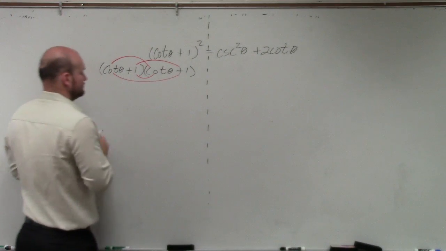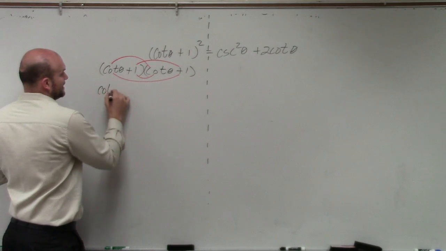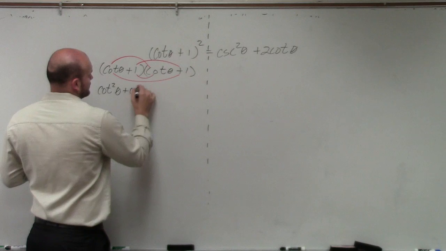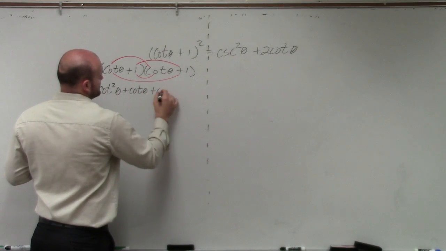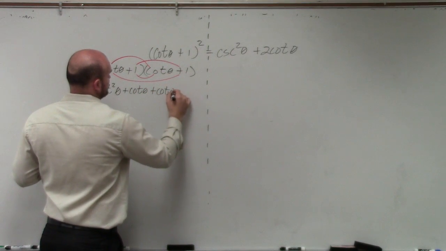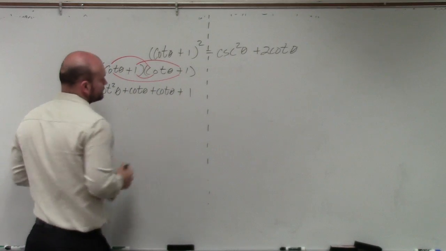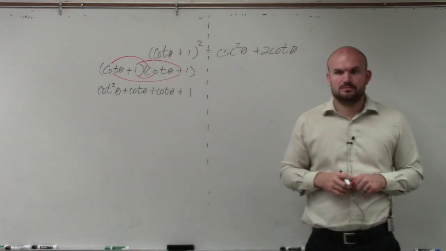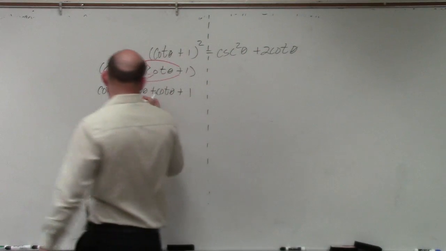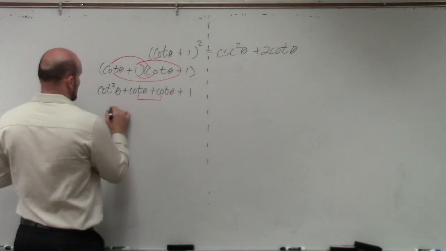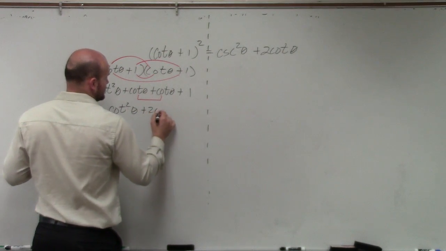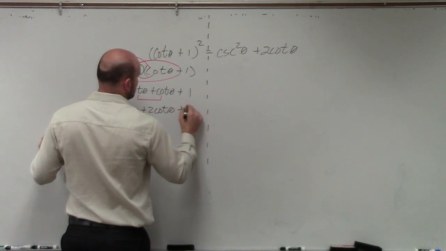When I multiply this out, I get cotangent squared of theta plus cotangent of theta plus cotangent of theta plus 1. Then these two terms are like terms, so I have cotangent squared of theta plus 2 cotangent of theta plus 1.